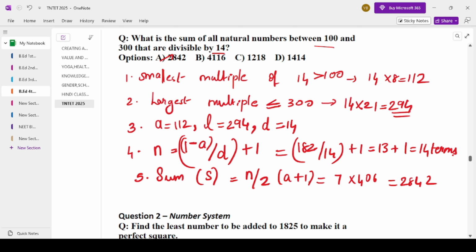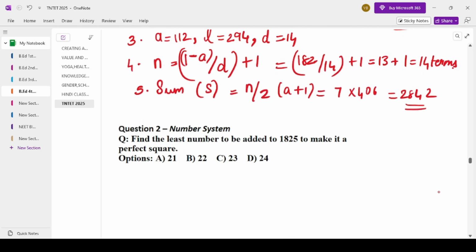That is the sum of the series, capital S. So that is the answer for the sum of all natural numbers between 100 and 300 that are divisible by 14. So these are the steps.